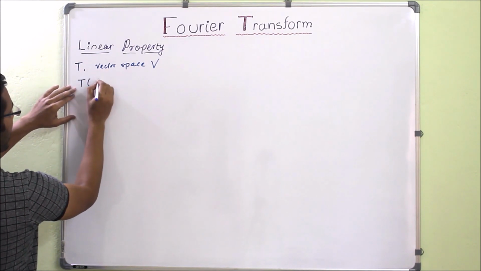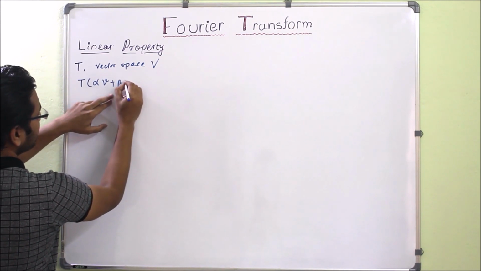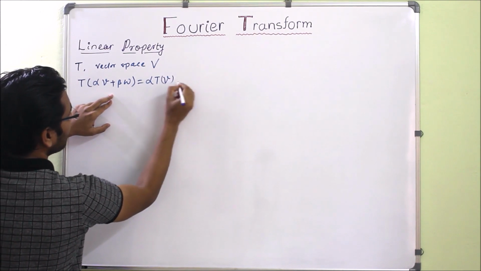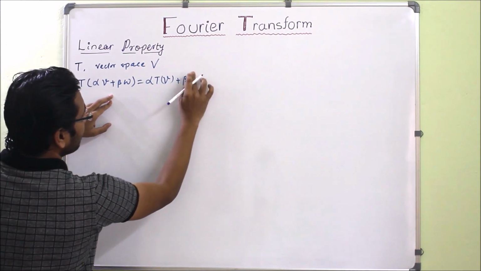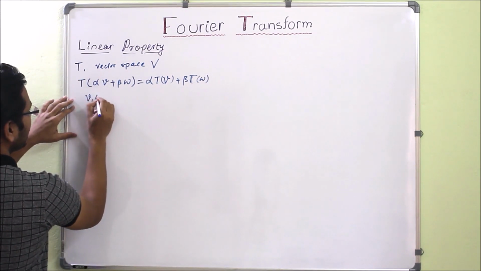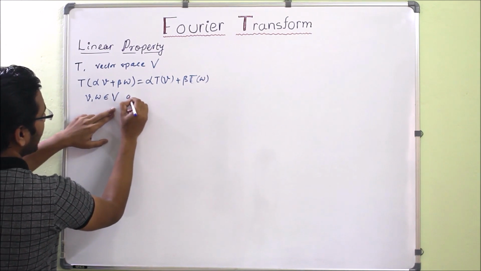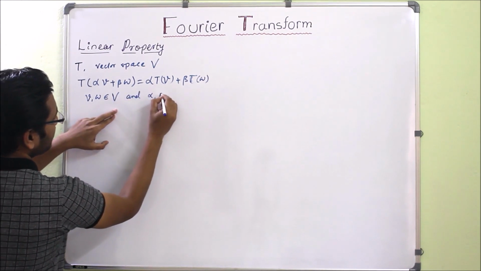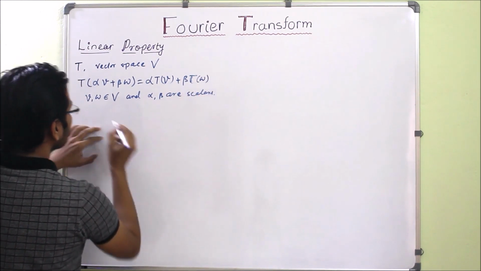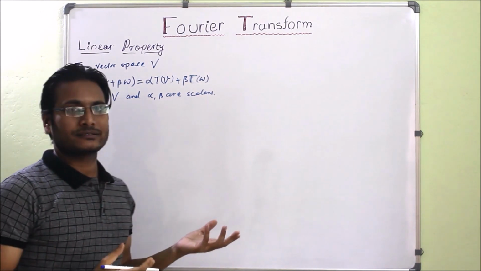T of alpha V plus beta W equals alpha TV plus beta TW, where V and W are vectors in vector space V, and alpha, beta are scalars. So this is the linear property for vector space.